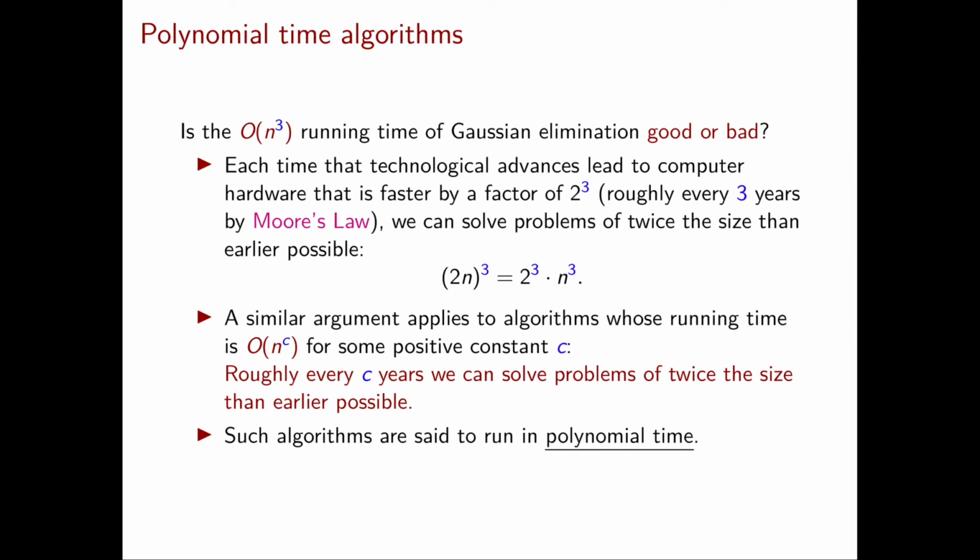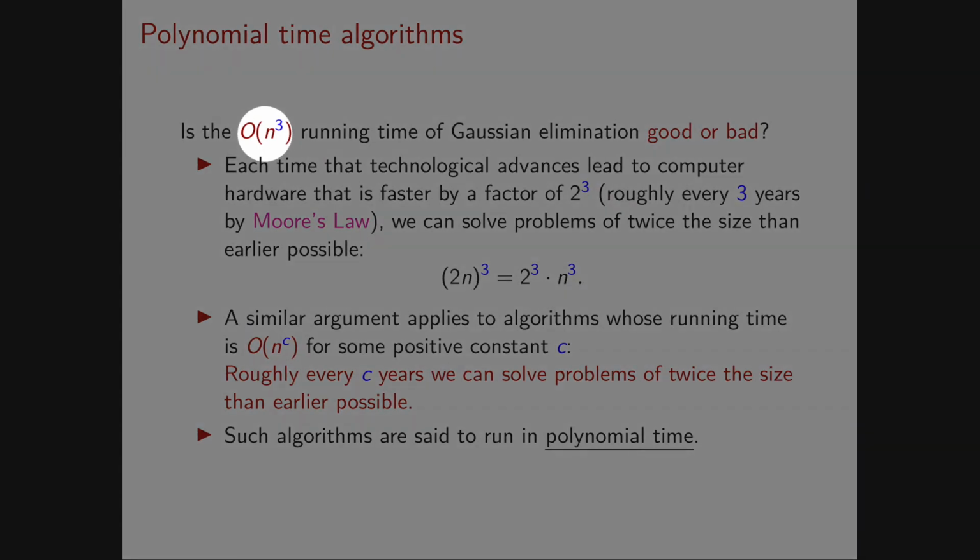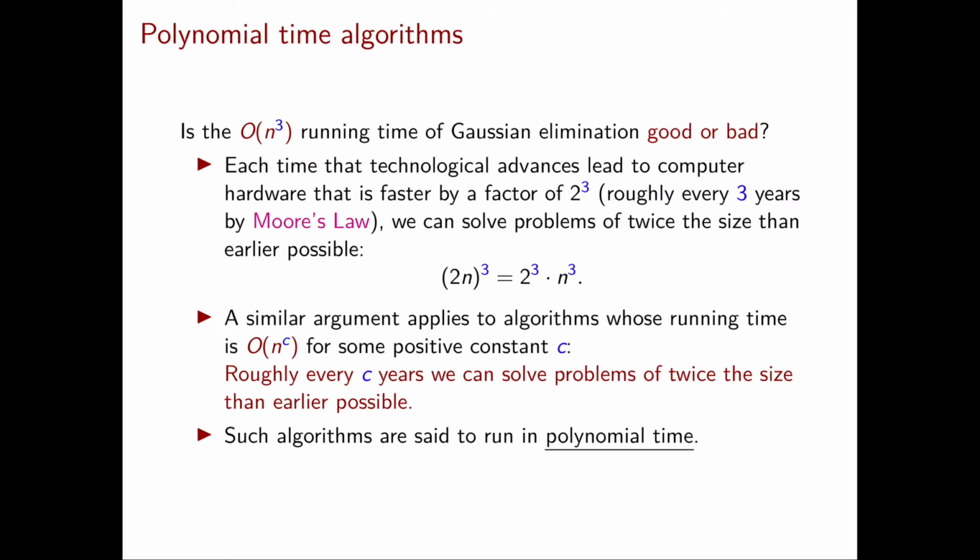Essentially what I want to show you is that this running time allows you to solve problems of twice the size every constant number of years. So now let us forget about big O to simplify things and just look at n^3. If the runtime is n^3, we're essentially saying that to solve a problem of size n, it takes n^3 operations.